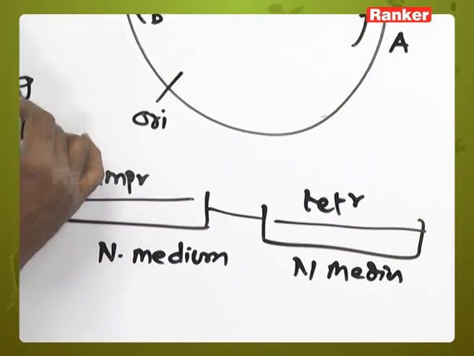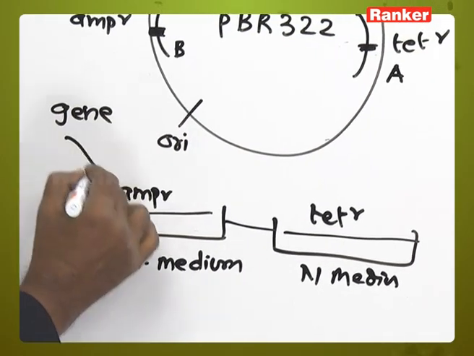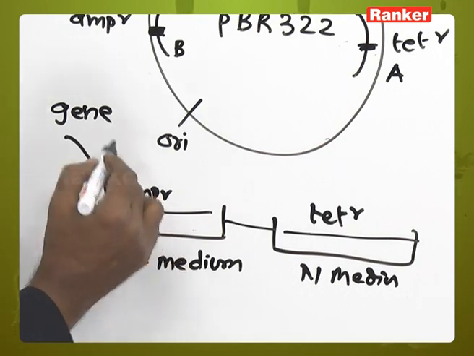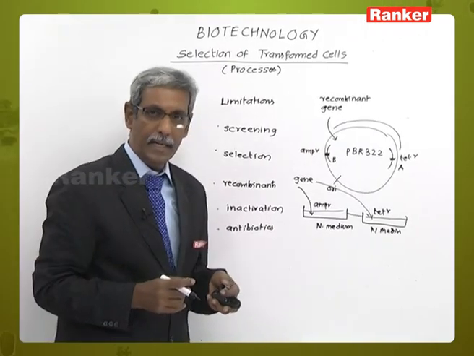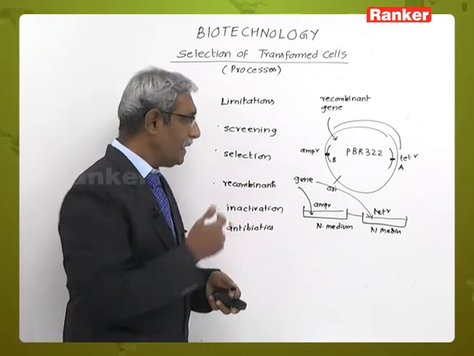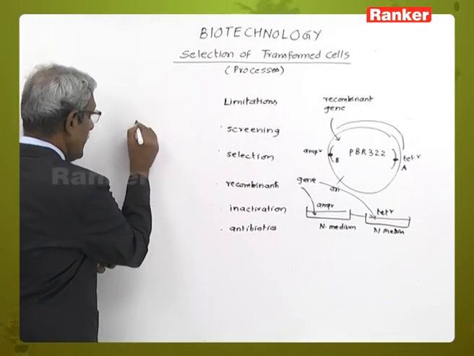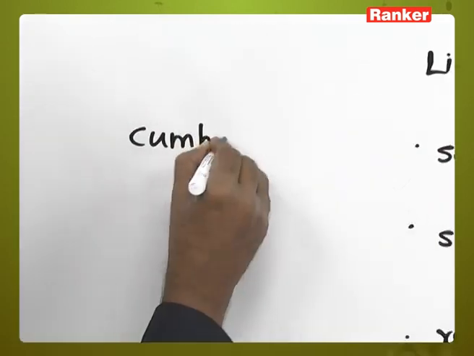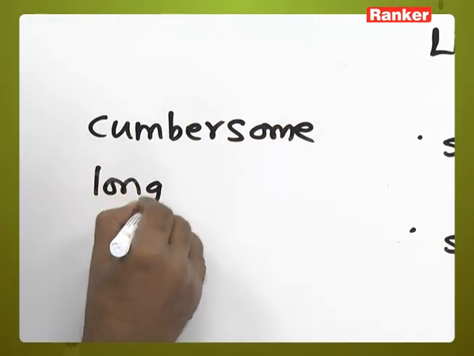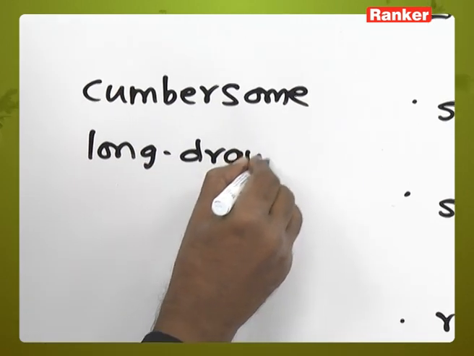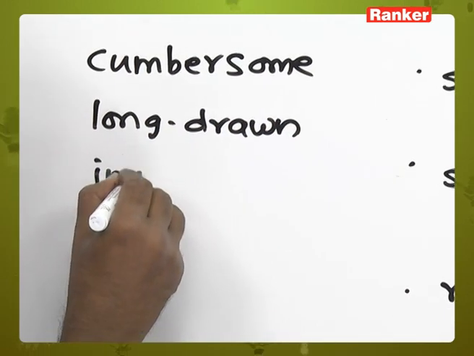So, every time a gene which has to be tested will have to be cultured into this AMPR culture, as well as it has to be cultured in a TET culture. Thereby, this process is terribly cumbersome. It is long drawn. It may not give immediate results.